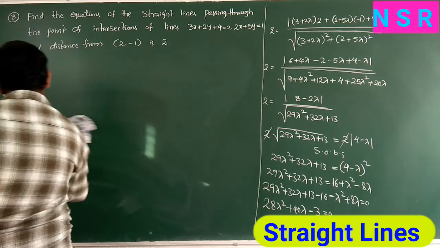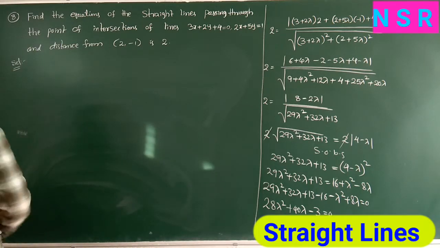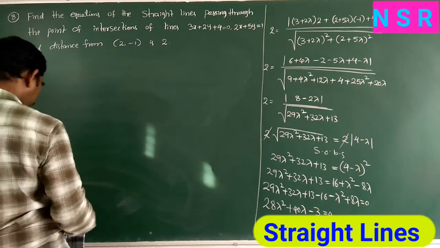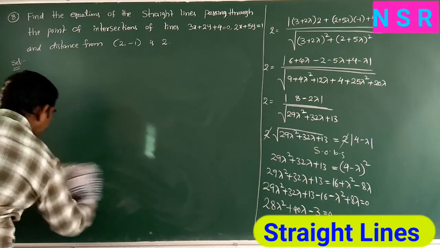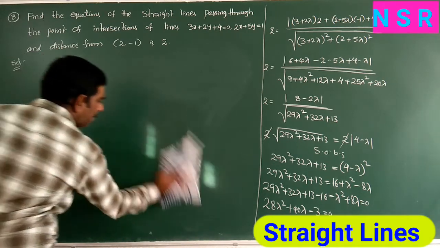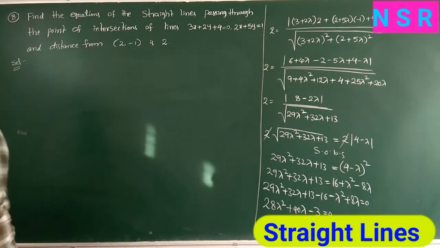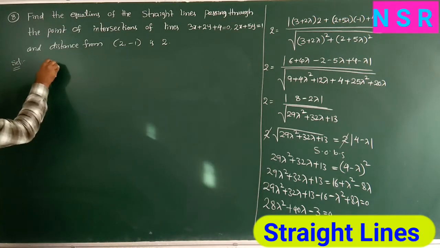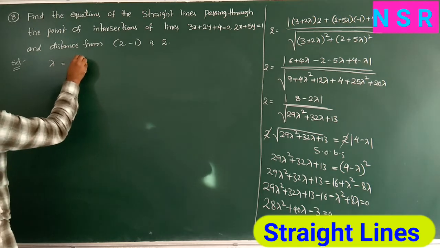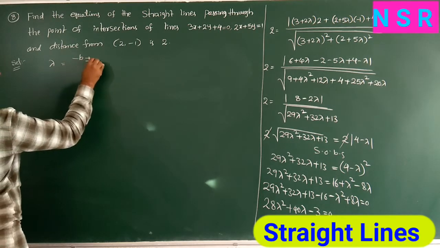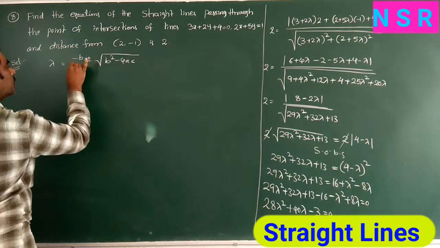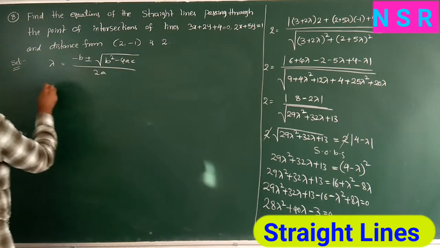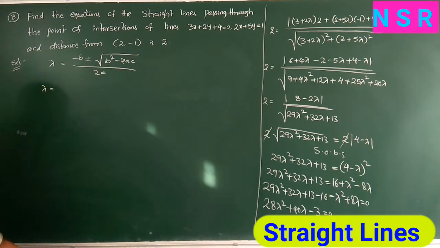So already you know this formula, you already learned it in 10th class. So write here lambda is equal to minus b plus or minus under root of b square minus 4ac by 2a. So we get 2 lambda values.